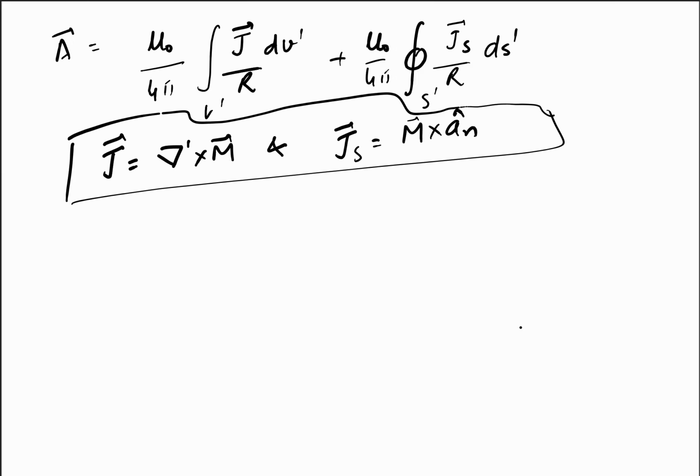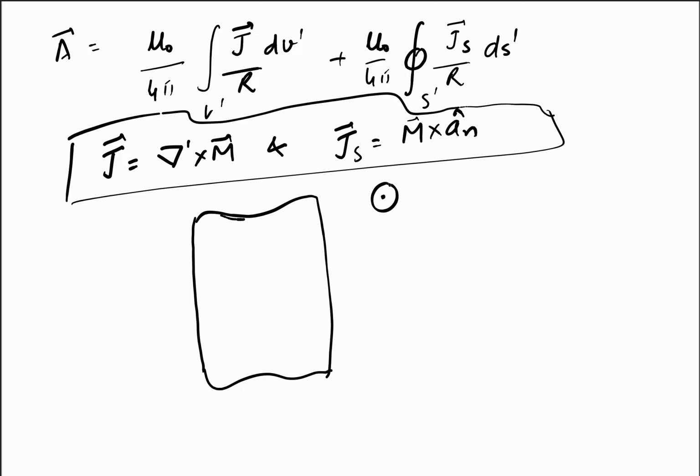So let us assume this is a magnetic material, and I am just showing some part of it, and I am assuming that it is magnetized with magnetization vector out of the paper. So it implies that the magnetic dipole moments should be like this in this material.